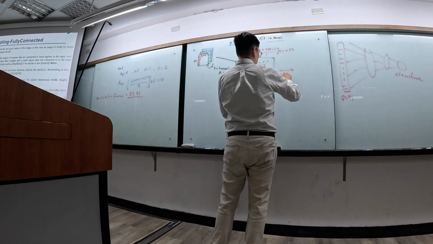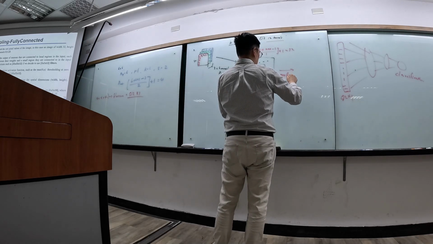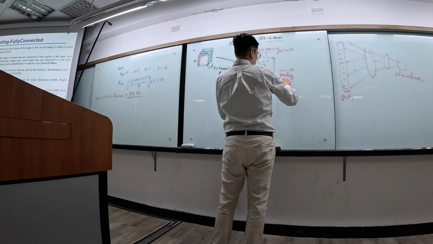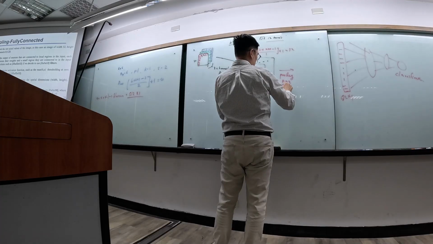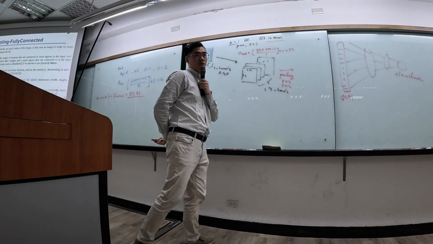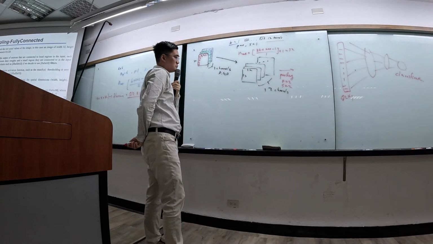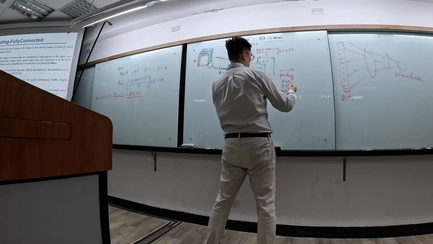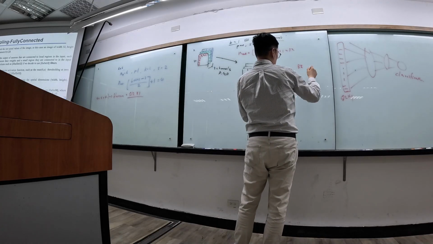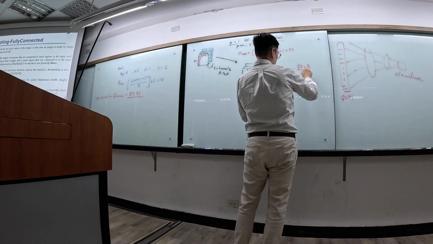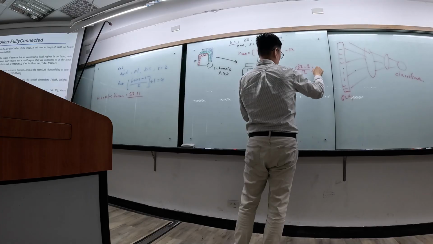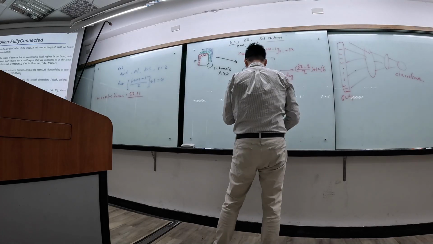So we use the pooling with the size F equal to 2, and S, which is stride, also equal to 2. So the size is (32 minus 2) divided by 2 plus 1. It will be 16.